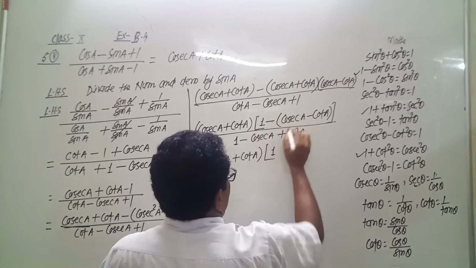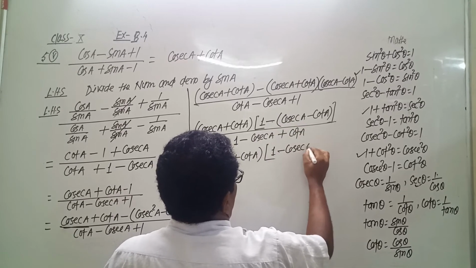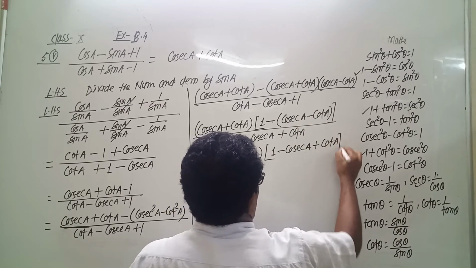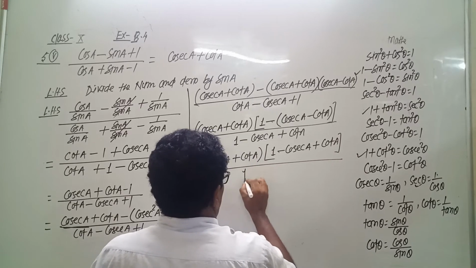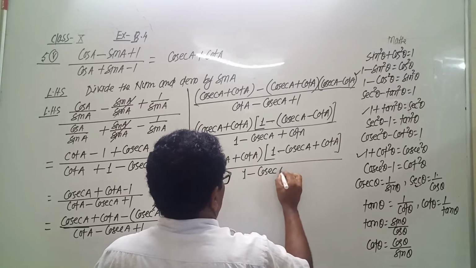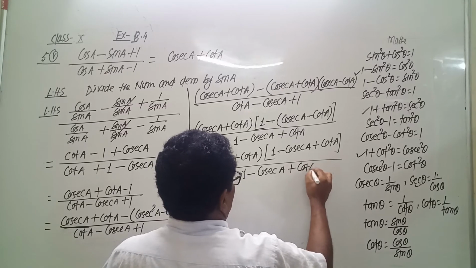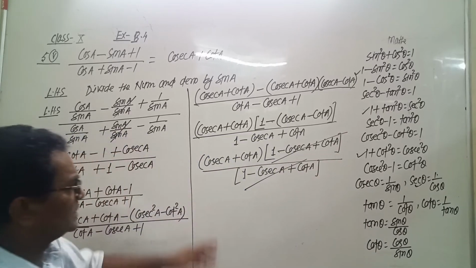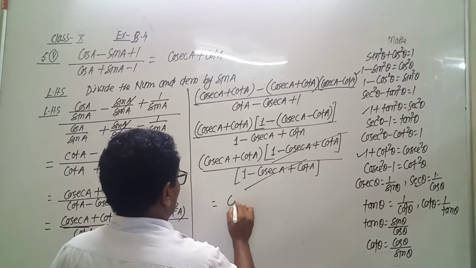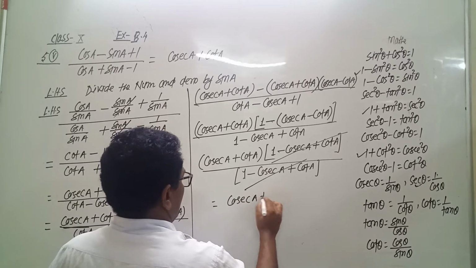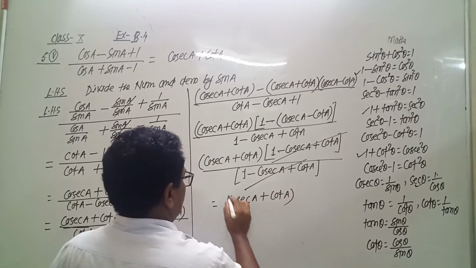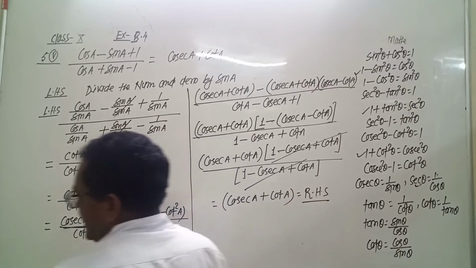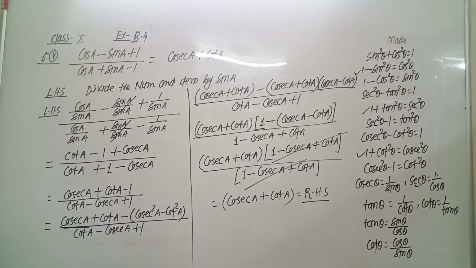So 1 minus cosec A, and minus minus becomes plus cot A, and the whole upon 1 minus cosec A plus cot A. So from numerator and denominator this whole term gets cancelled, and what remains is cosec A plus cot A, which is RHS. So we have proved LHS is equal to RHS.